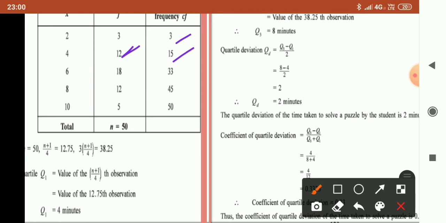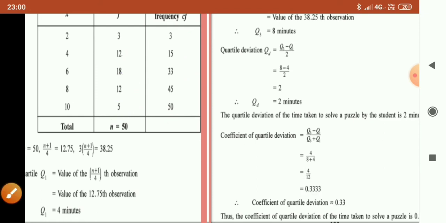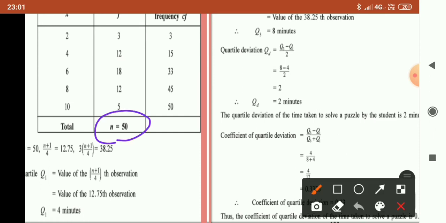Then 15 plus 18 is 33. 33 plus 12 is 45. 45 plus 5 is 50. So you have to add all these frequencies and find the cumulative frequency, that is CFI. After that your n will be 50.